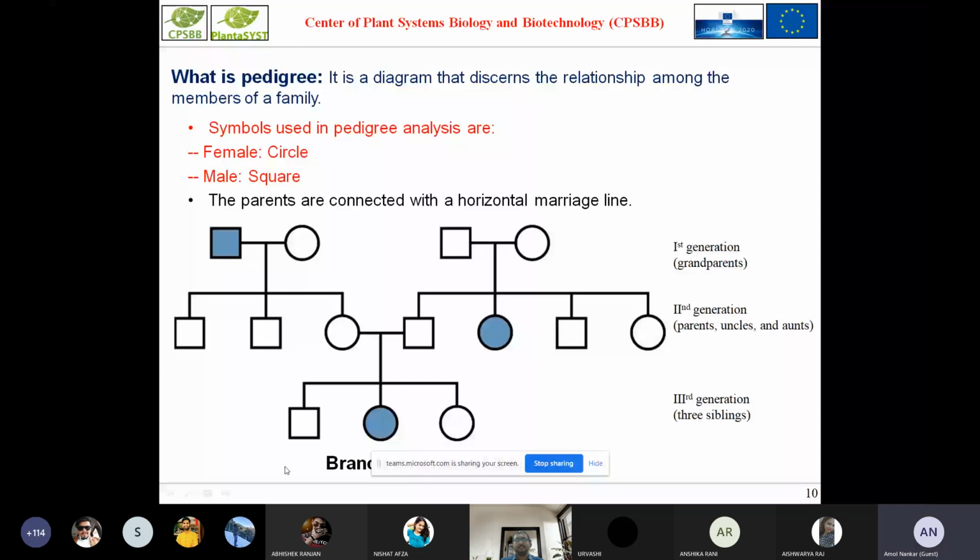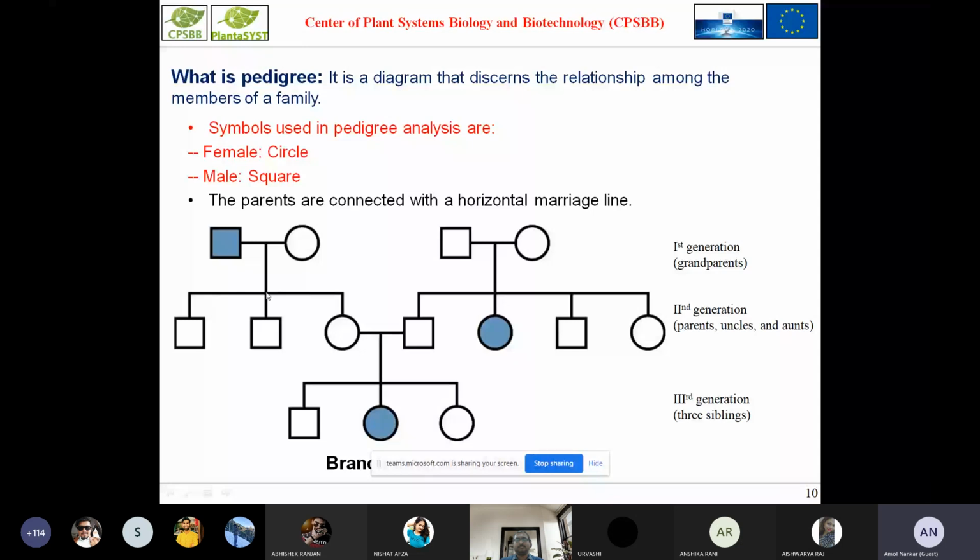The horizontal line that connects the male to the female is also called a marriage line or the mating line. And then there is the sibship line, where the siblings are presented.